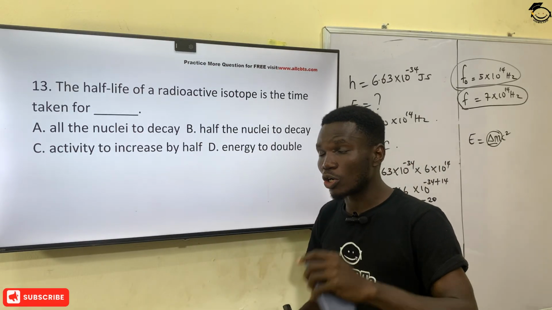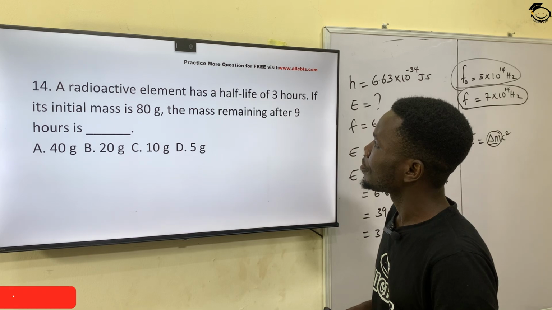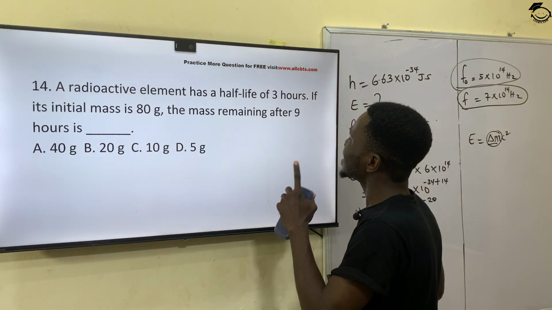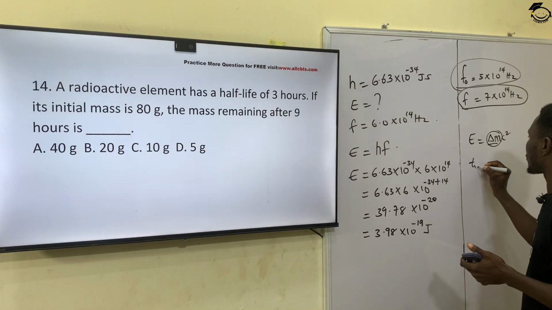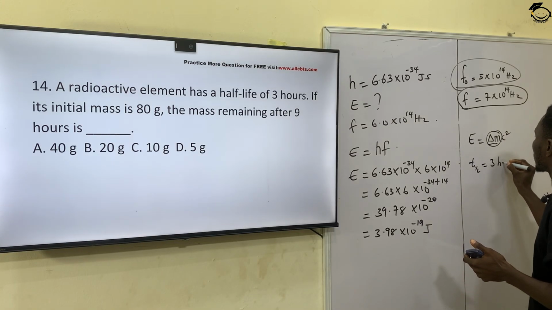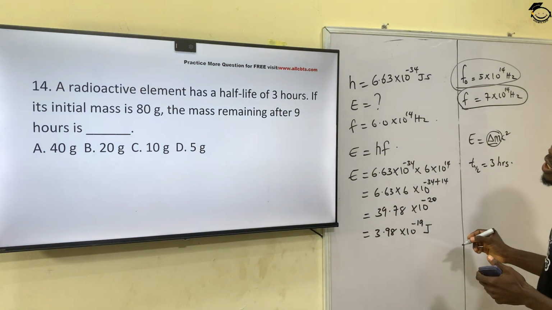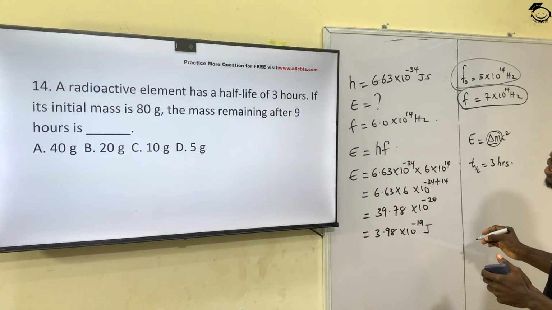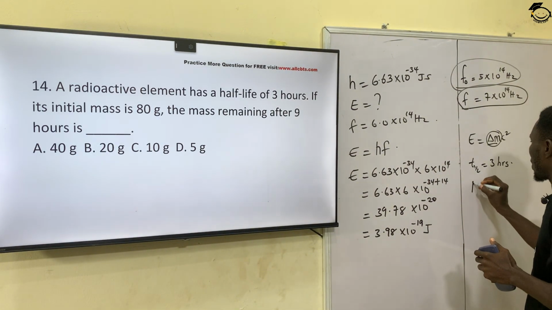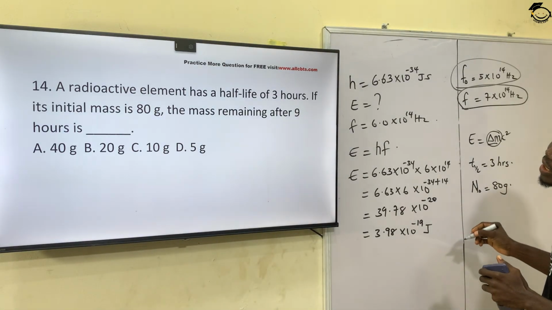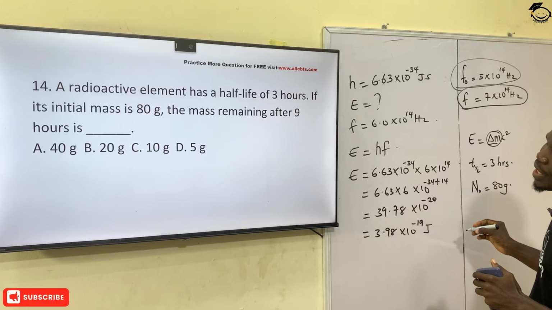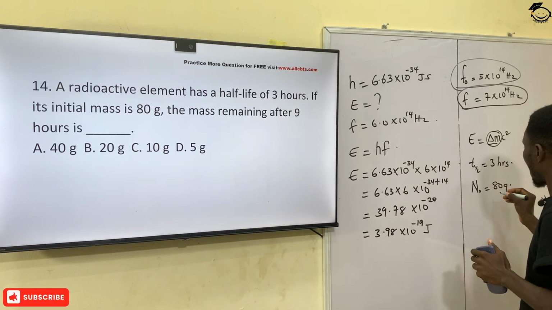So that takes us to question number 14, which says a radioactive element has a half-life of 3 hours. So we have the half-life, T half, as 3 hours. If its initial mass is 80 grams, they said the mass remaining after 9 hours is dash.